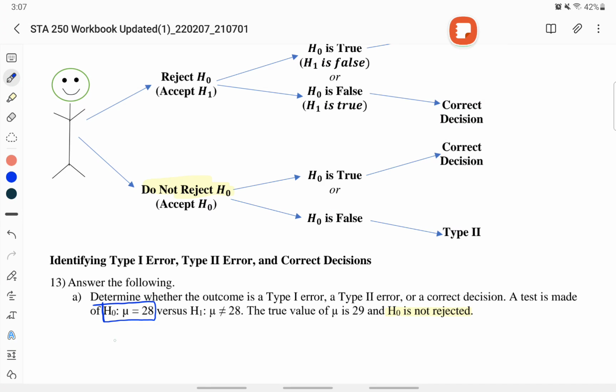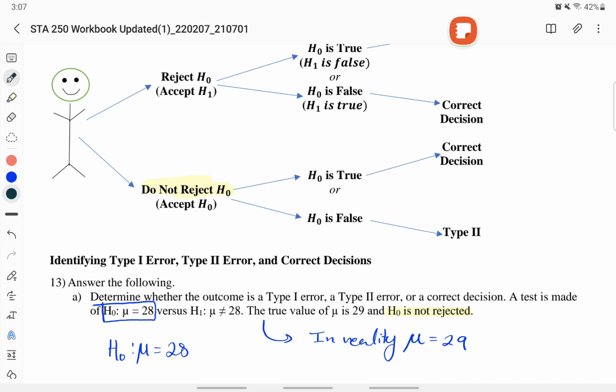Now, the null hypothesis states that mu equals 28. However, the true value, which means in reality, mu is equal to 29. Now, here's the problem.